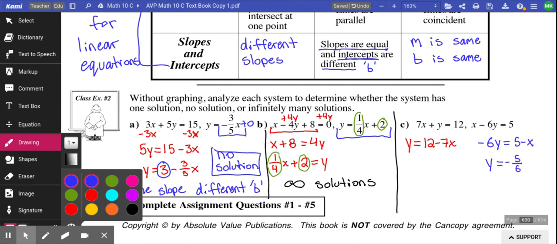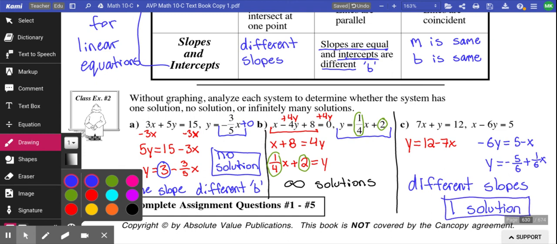And then positive 1 over 6. It's a negative and a negative. I look at those. Those have different slopes. That means there's going to be one solution. I don't know what that solution is, but I know there should be one solution.